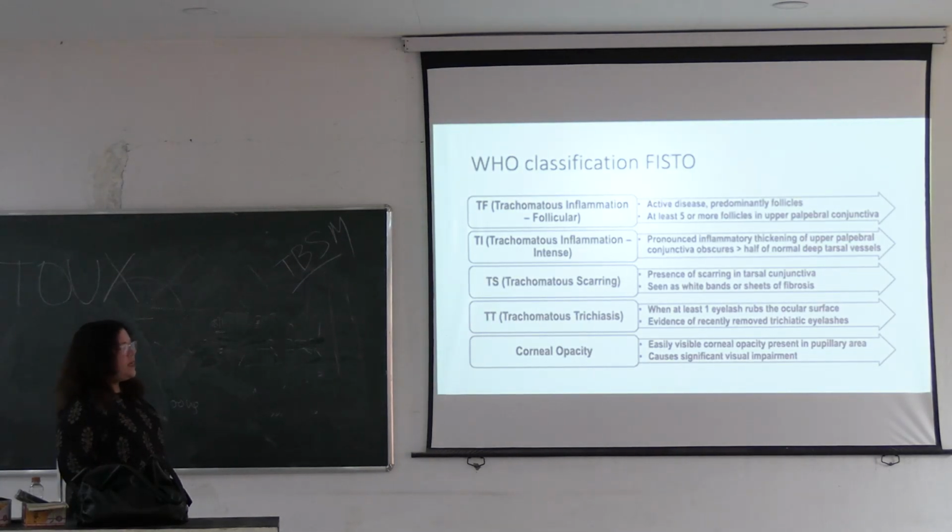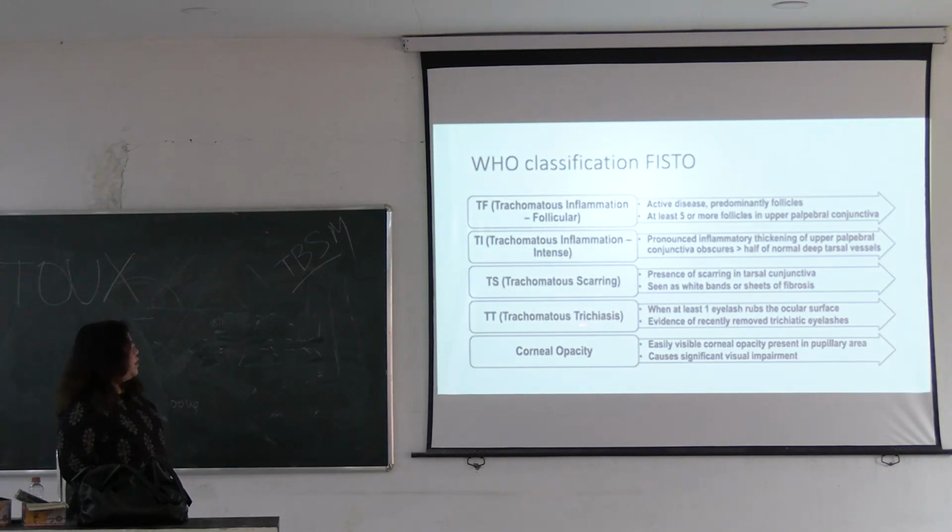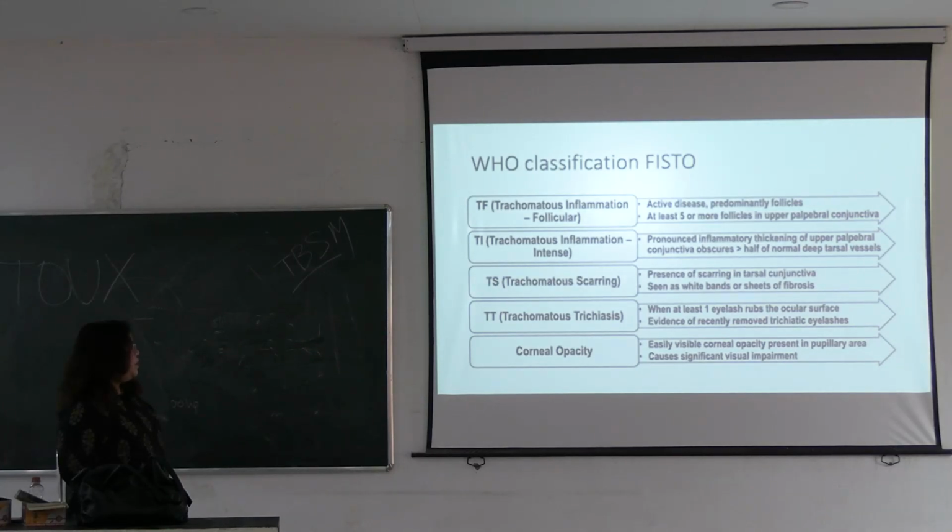Then trachomatous trichiasis. Trichiasis means misdirected eyelashes. Here at least one eyelash is present which rubs the cornea, or there is a history of epilation of the trichiasis. Evidence of recently removed trichiasis also occurs in this group of trachomatous trichiasis. Then the last part is the O, meaning corneal opacity.